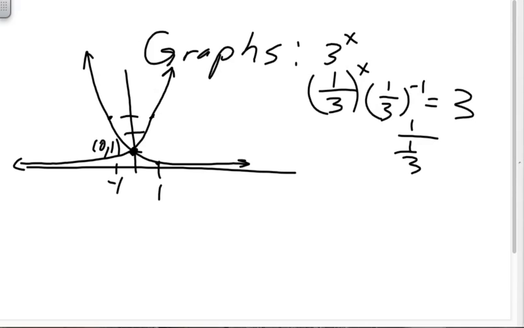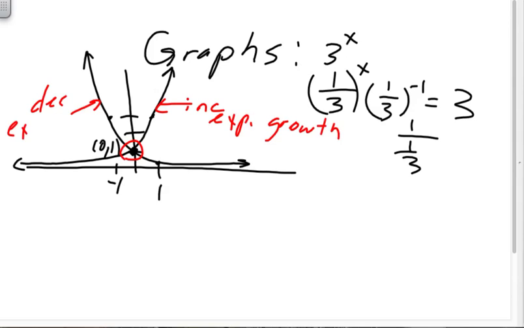And you notice a couple of things in common. First off, they both go through 0, 1. Now this is an increasing function, and this is a decreasing. We call this exponential growth, and we call this exponential decay.